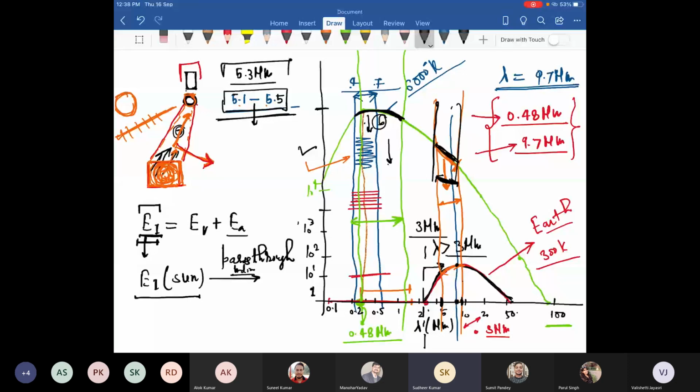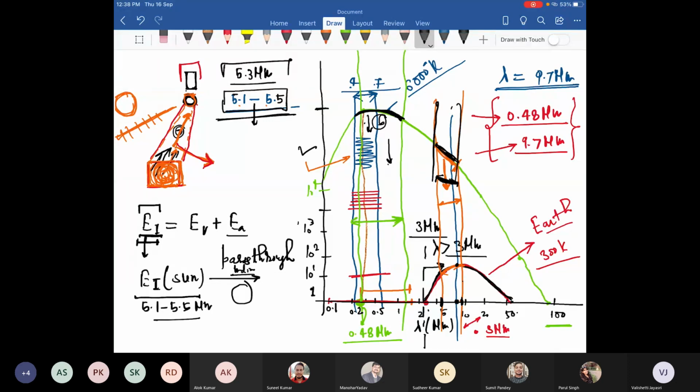What happens when this EI energy within the range 5.1 to 5.5 micrometer passes through the medium? The medium will absorb some part of the energy.